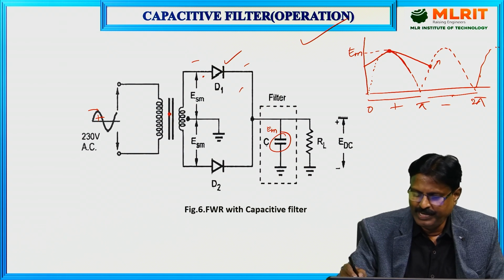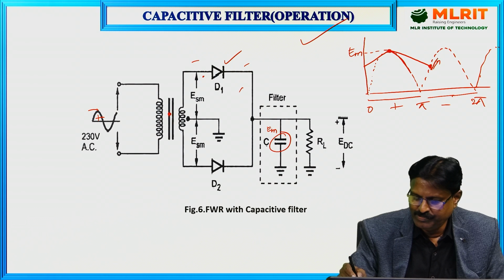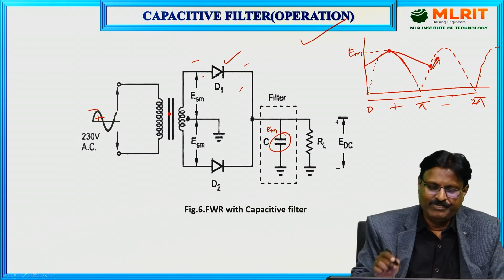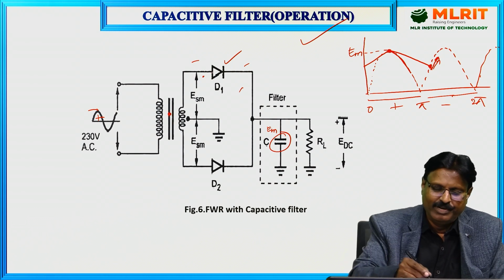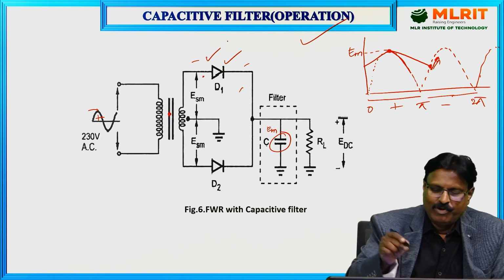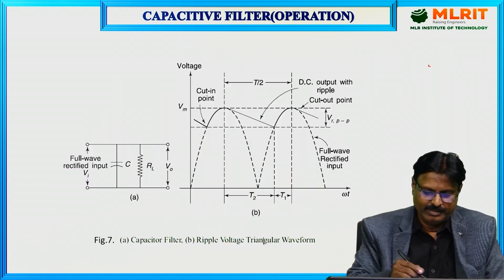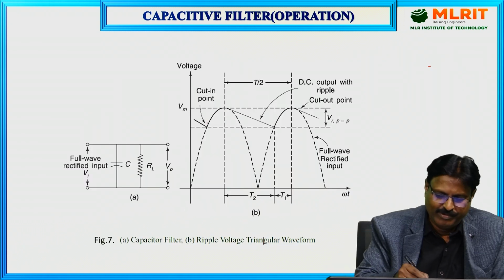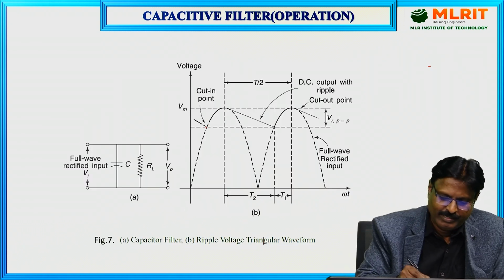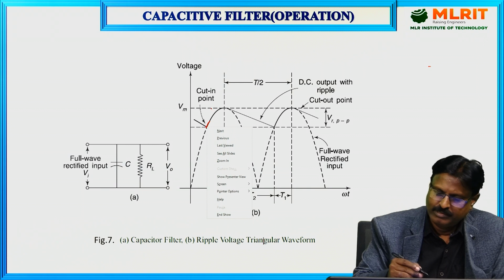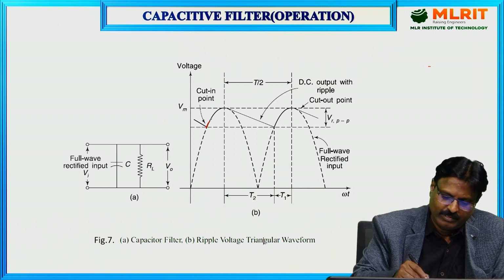In this way the anode voltage will be going. So once again, what happens to the diode D1? It will be forward bias. So once again, if you observe this figure, you can see here, the capacitor starts charging whenever the diode D1 is forward bias.